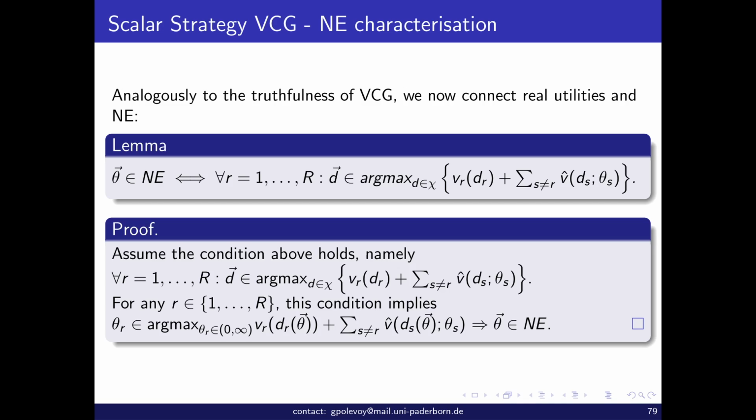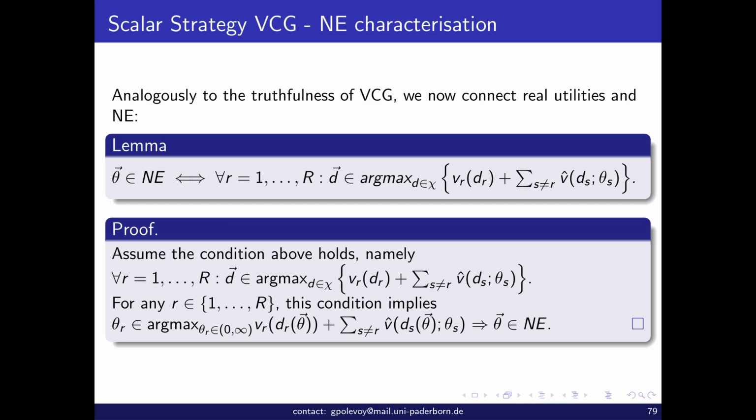So analogously to what we showed about the truthfulness of VCG, here we also connect real utilities and Nash equilibrium, the same as we connected real utilities and dominant strategy profiles in VCG. Here it's weaker, because it's only Nash equilibrium, not necessarily a dominant strategy profile. But given that we weaken the requirements, it's fine.